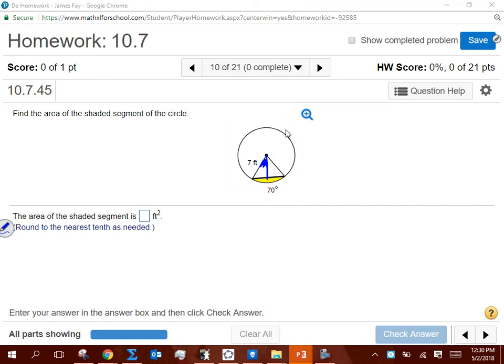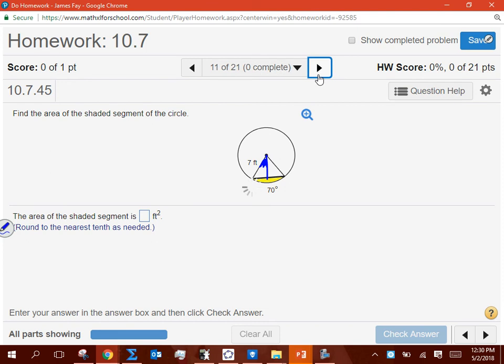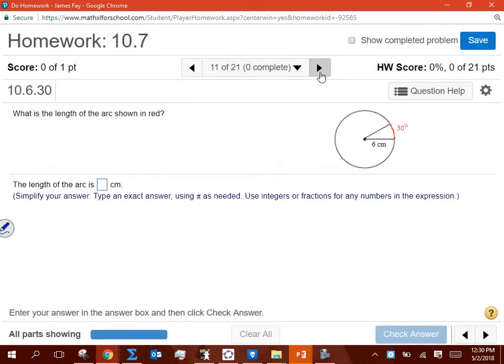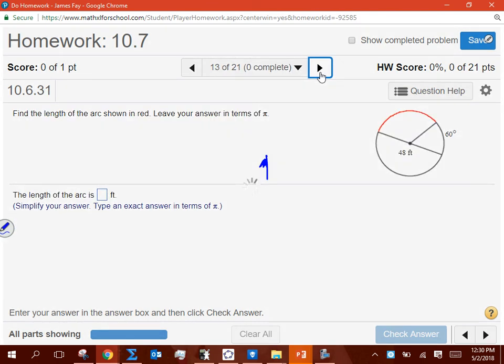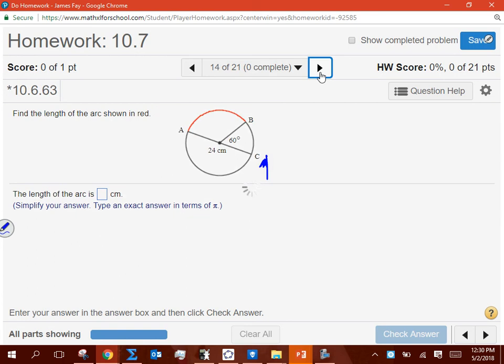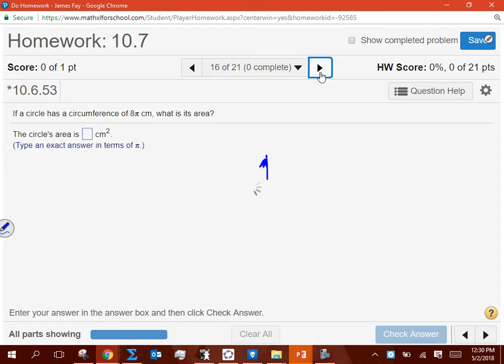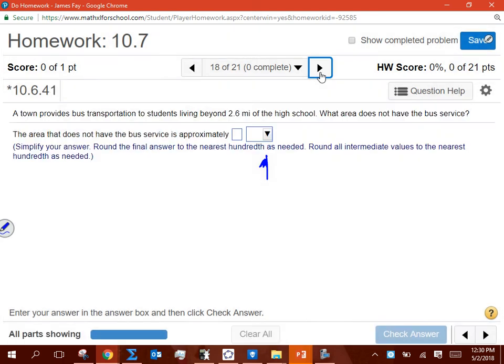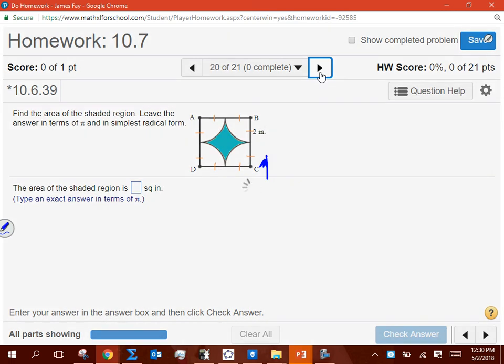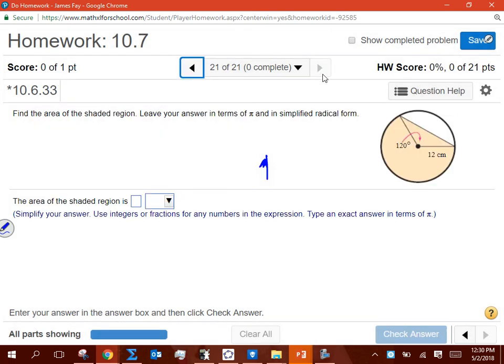And you would use SOHCAHTOA then to find the altitude and the base. Yeah, we can get to that. That's the one I was looking for.